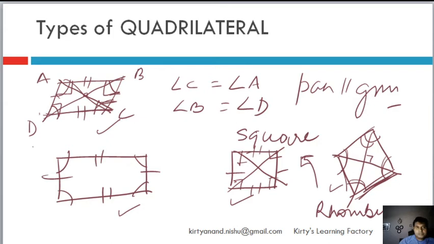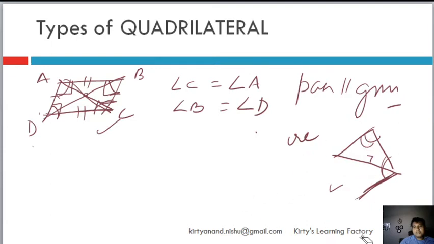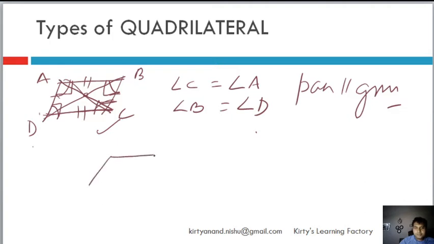Now let's talk about another type of quadrilateral, which is the trapezium. Now a trapezium is a quadrilateral. Let's call it A, B, C, D. What is a trapezium?